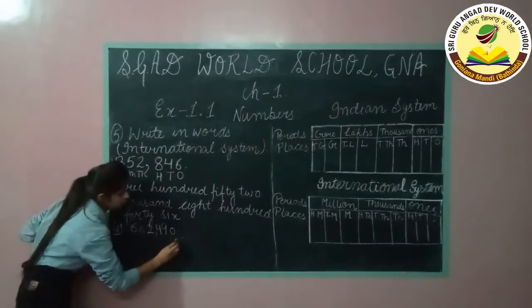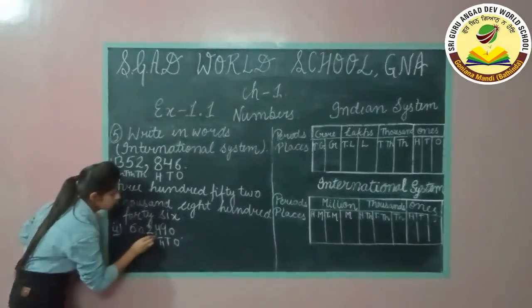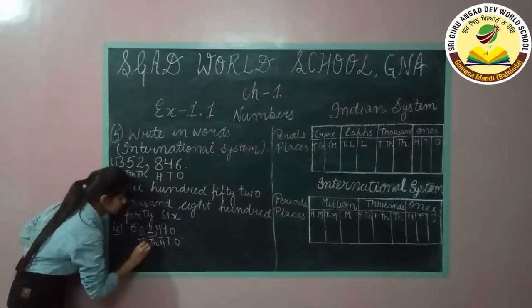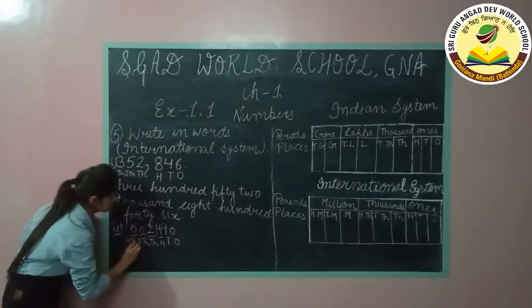We know that there is the ones place, tens place, hundred place, thousand place, 10,000 place and 100,000 place.